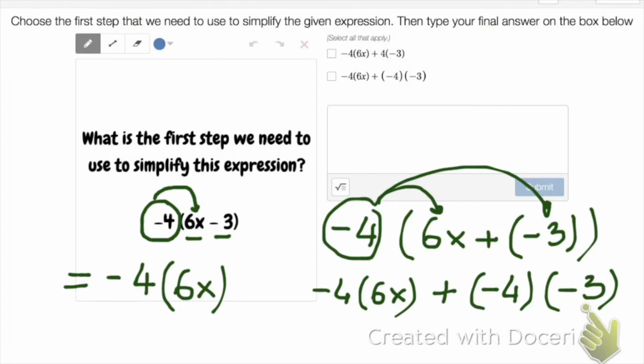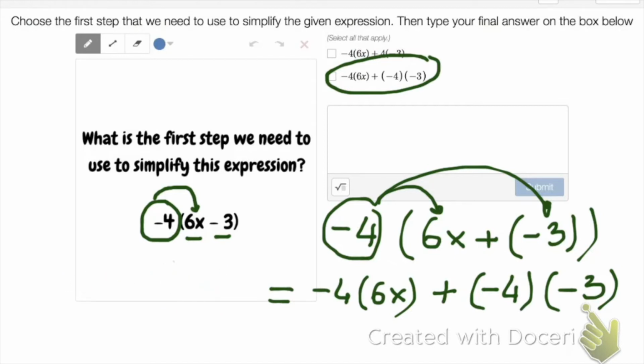So negative 4 times 6x plus negative 4 times negative 3, which is the second one. Okay. You with me? So negative 4 times 6x is going to be negative 24x. Negative 4 times negative 3 is going to be positive 12. So that is the answer.